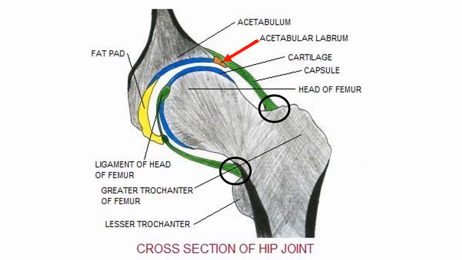Here is the beginning of the capsule attached to the rim of the acetabulum, and as it goes towards the upper end of the femur, it is attached not at the end of the articular cartilage, but at the beginning of the intertrochanteric line anteriorly and the intertrochanteric crest posteriorly, and it is happening on the superior and inferior sides as well as all around.